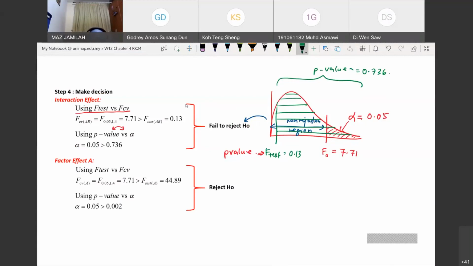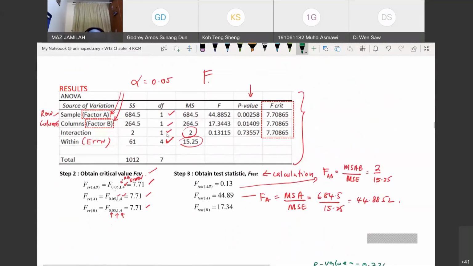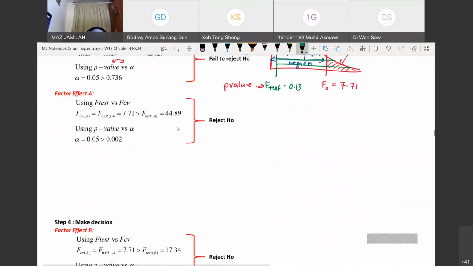Now, if we take the values from your ANOVA table, using the F test versus F critical, the F test is 44.89 and F critical is 7.71.